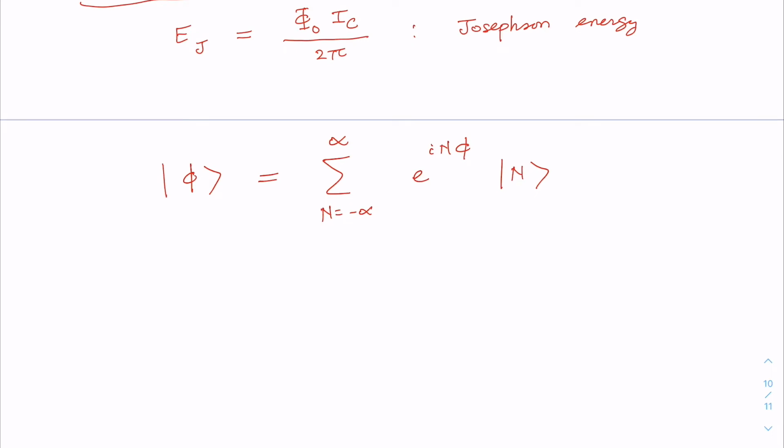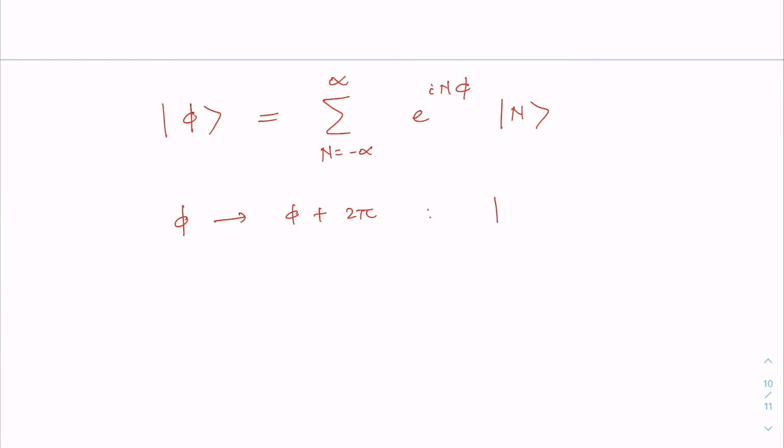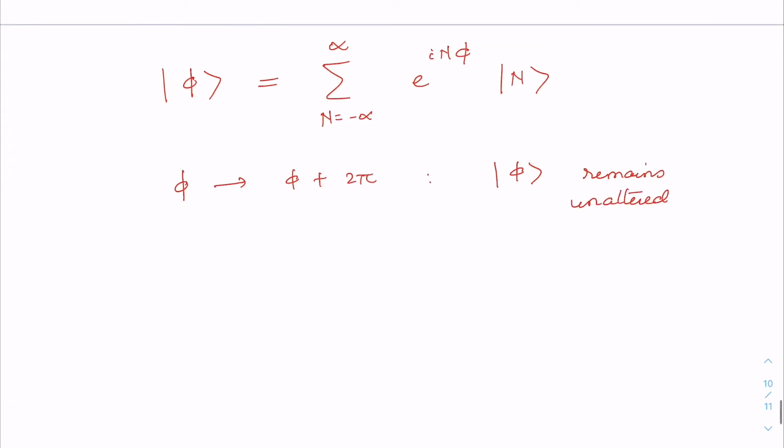You can see that if phi goes to phi plus 2 pi, this state |phi> remains unchanged, or unaltered. It's very easy to see.